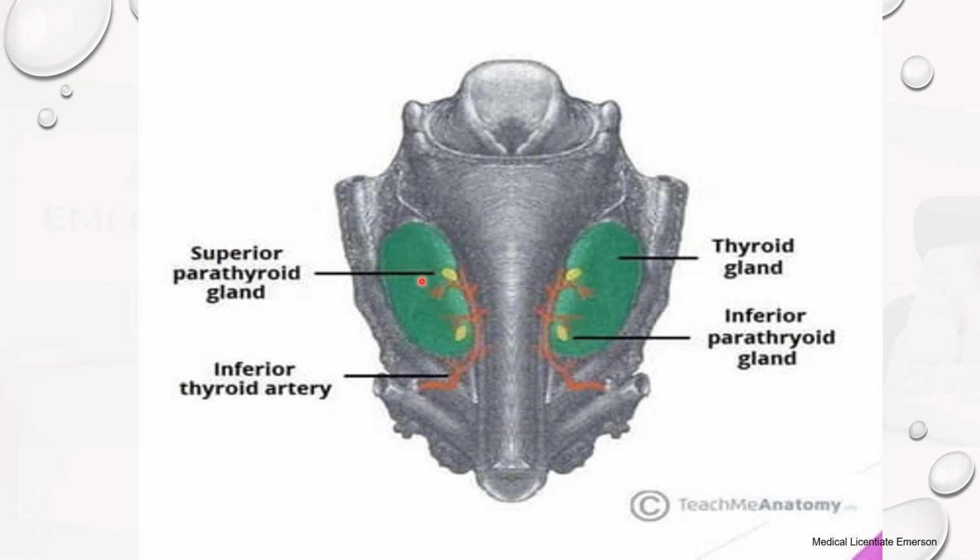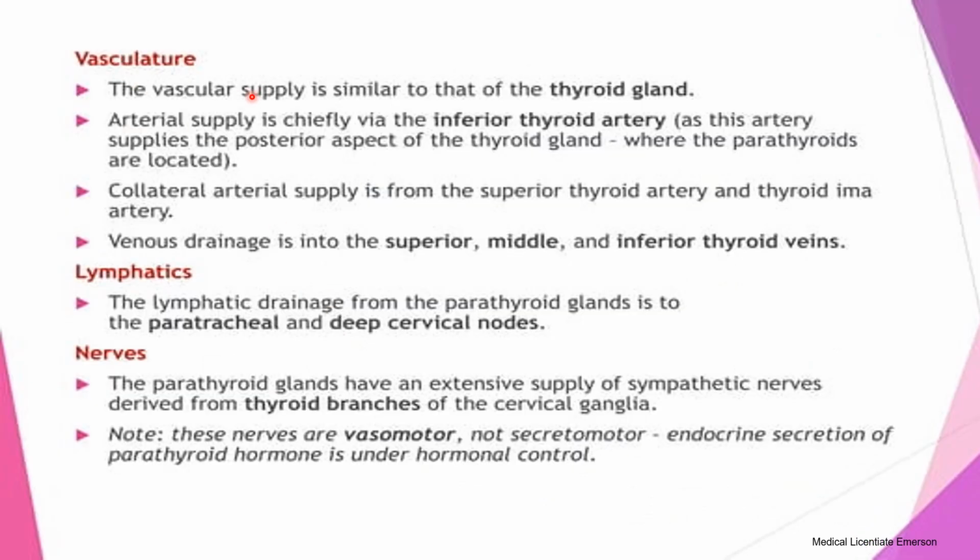That's the superior parathyroid and the inferior parathyroid gland. In terms of vasculature of the parathyroid gland, the vascular supply is similar to that of the thyroid gland. Arterial supply is chiefly via the inferior thyroid artery, as this artery supplies the posterior aspect of the thyroid gland, where the parathyroids are located.